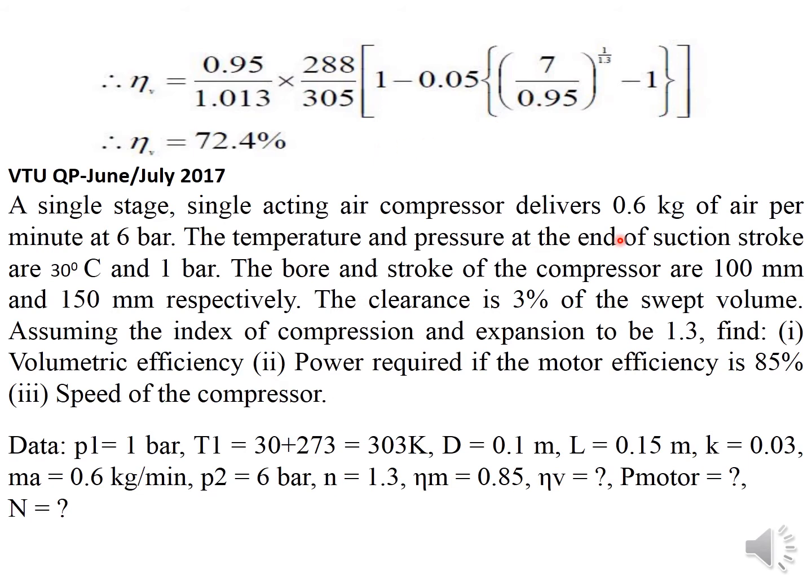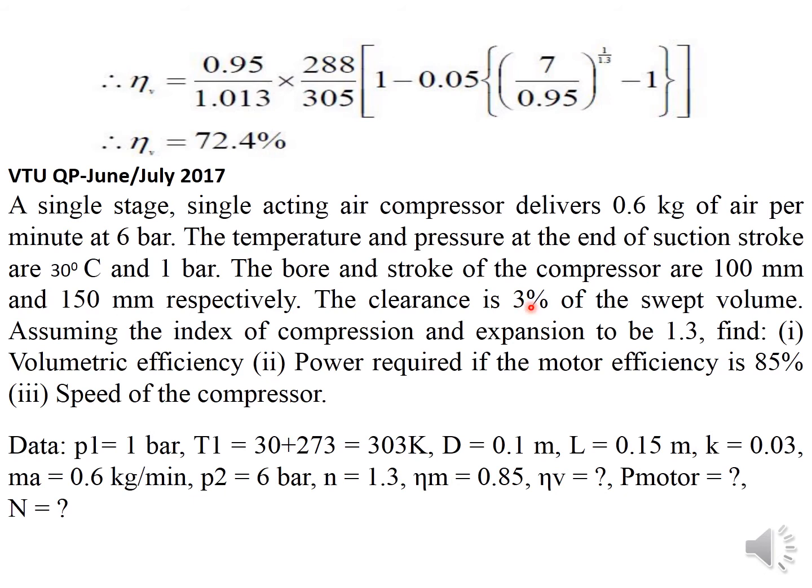So m is given here, ma is 0.6, ma means mass of air. The temperature and pressure at the end of the suction stroke are 30 degrees Celsius and 1 bar. The bore and stroke of the compressor are 100 mm and 150 mm respectively. Bore means diameter, stroke means stroke length. So this is D and this is L.